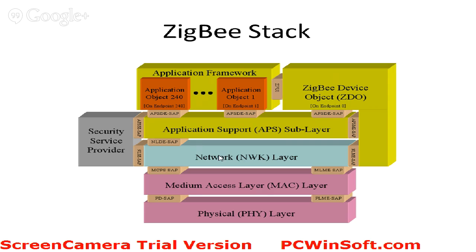The communication of the application support sublayer with the application objects takes place through SAPs, service access points, and the ZigBee device object, which is assigned an endpoint address of 0, also communicates. However, the span of the ZigBee device objects is parallel to these levels also.